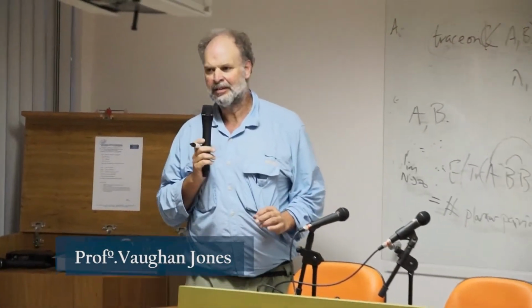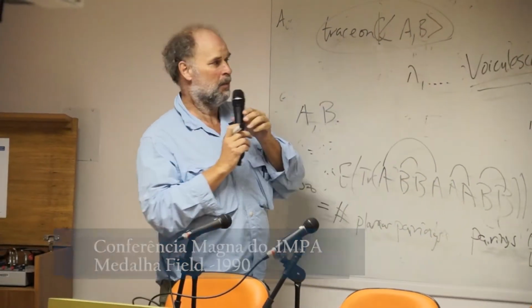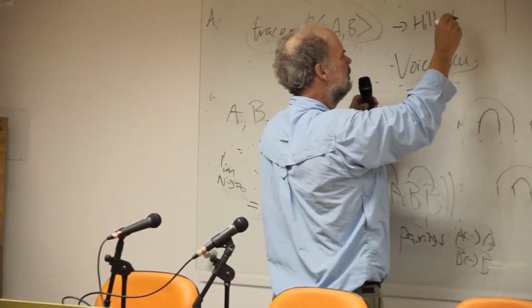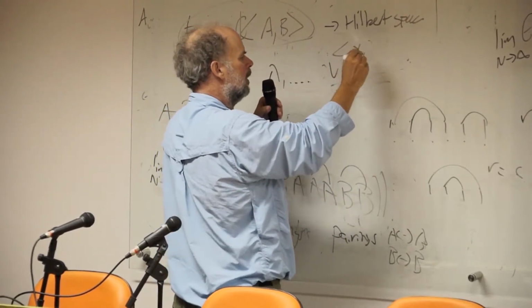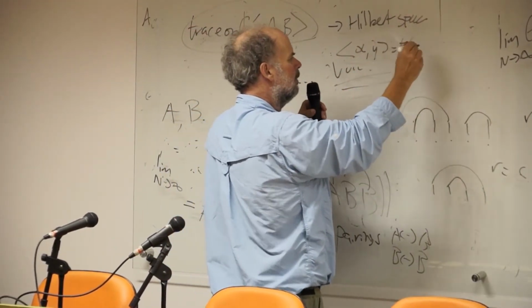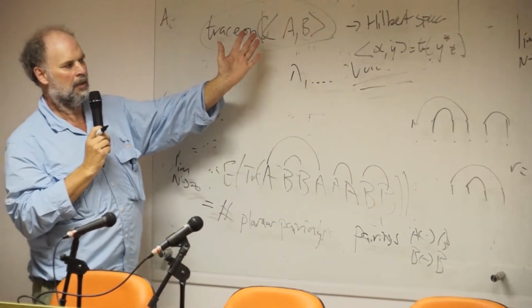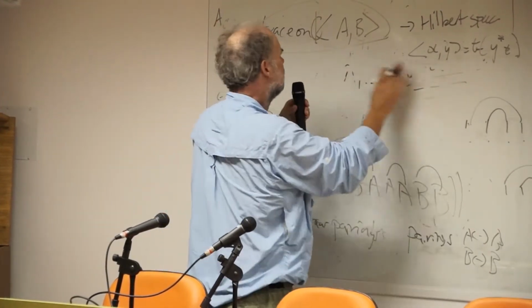So only a few more sentences to go. Once you have a trace like this, you can form a Hilbert space by defining an inner product <x, y> equals trace of y star x. The algebra of non-commutative polynomials acts on this Hilbert space, and you can take its closure.